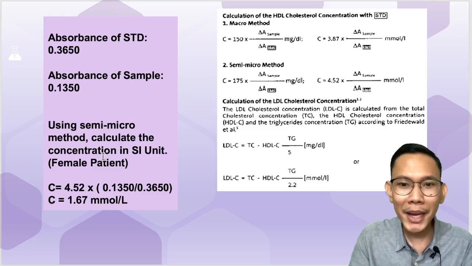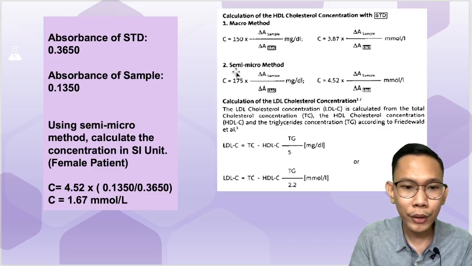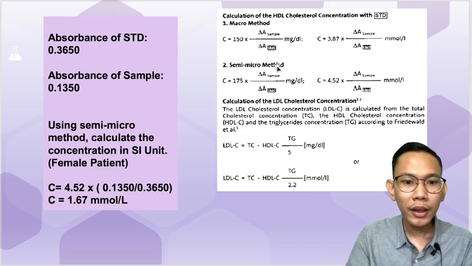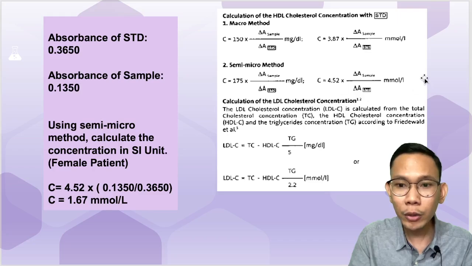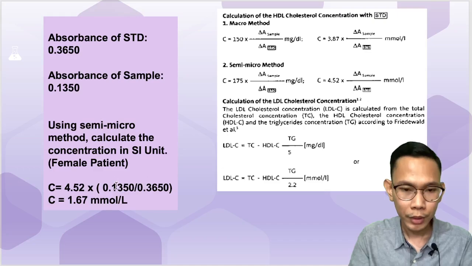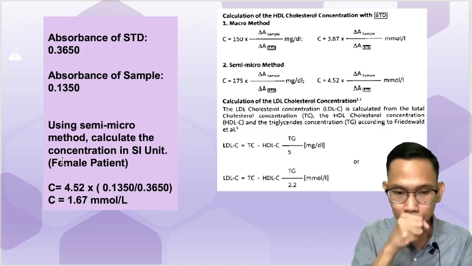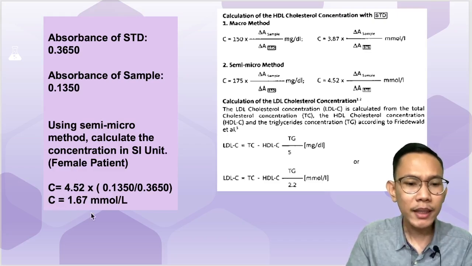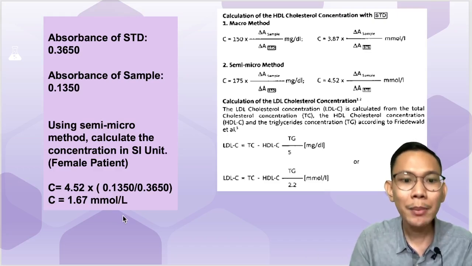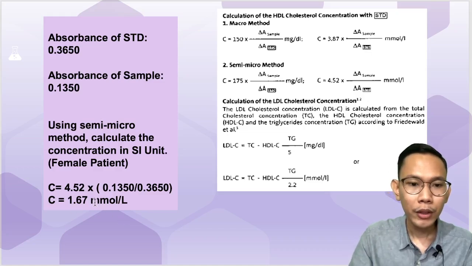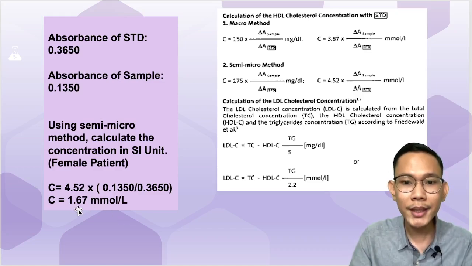So, semi-micro, SI unit, millimole. So, what factor? 4.52. 4.52, divide first before multiplying. So with 4.52, you get the concentration of 1.67 millimoles per liter. Again, we are still at 2 decimal places, okay? Round off to 2 decimal places. So your concentration is 1.67.